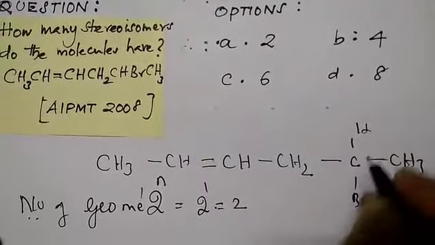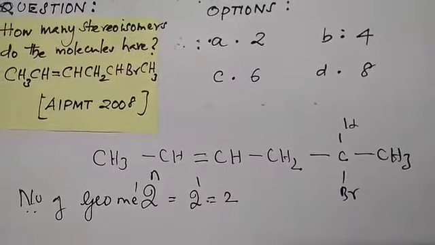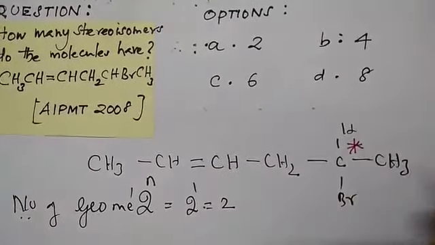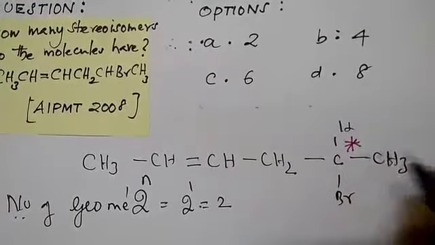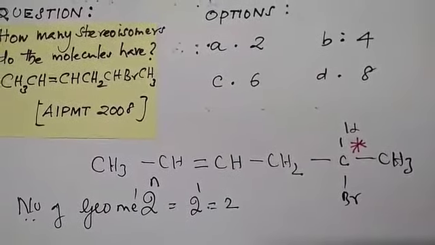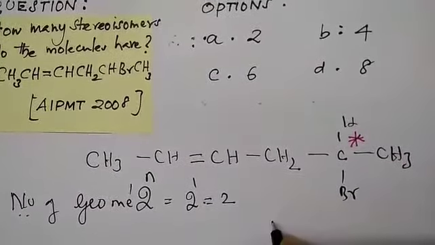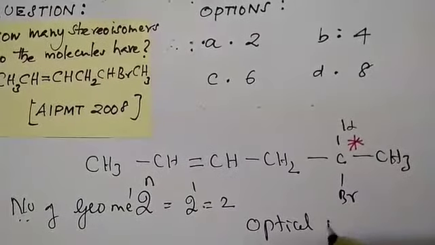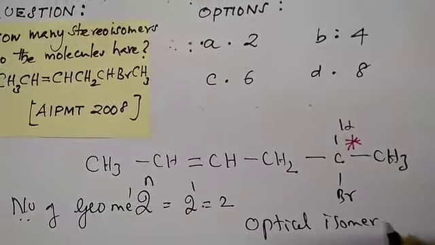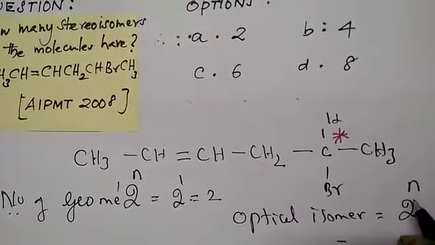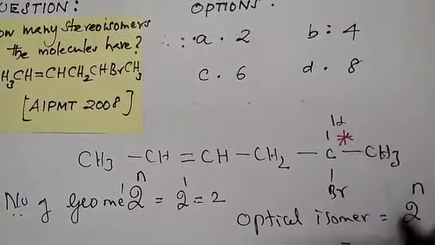Then we move to the asymmetric carbon, which is connected with 4 different groups. It contains 1 asymmetric carbon. So the formula for the number of optical isomers is 2 to the power of n, where n is the number of chiral carbons.